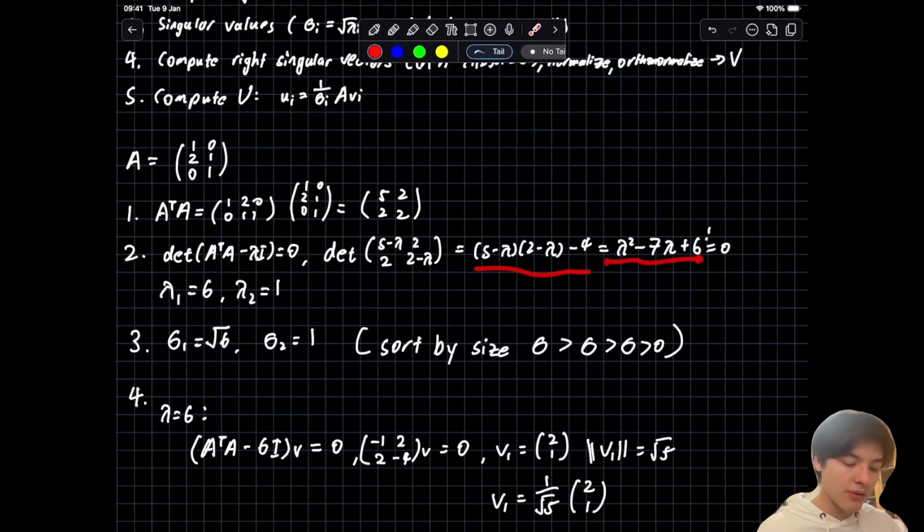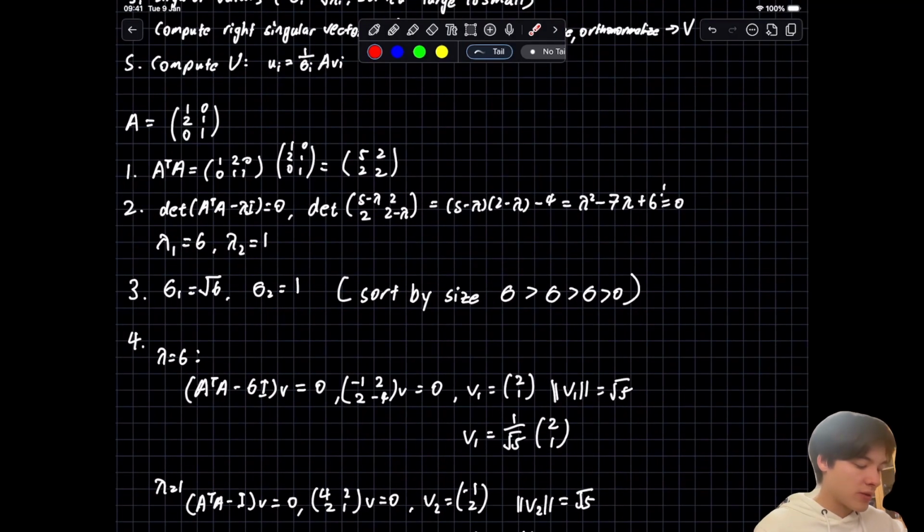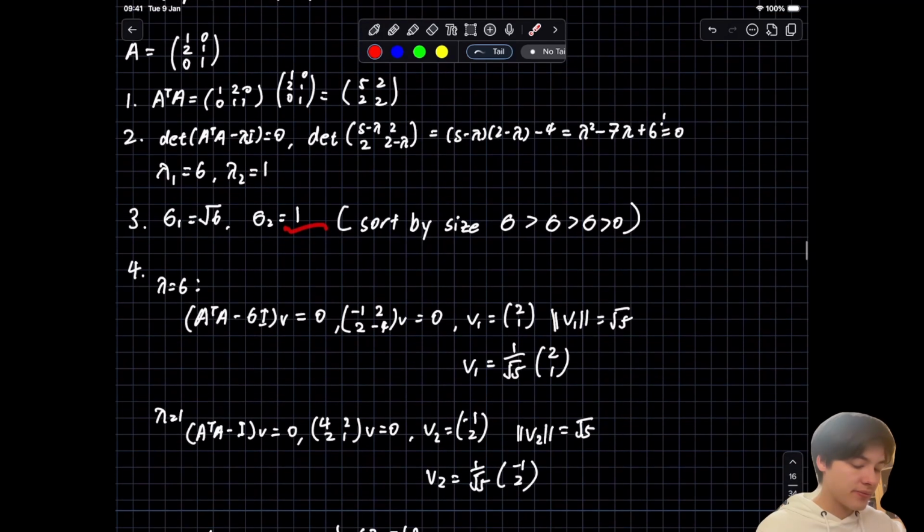We solve it for 0, and then we see we have 6 and 1, so lambda squared minus 7 lambda plus 6 equals 0. So we know these are the eigenvalues. We sort them by size. Sigma 1 is the square root of 6, and sigma 2 is the square root of 1.